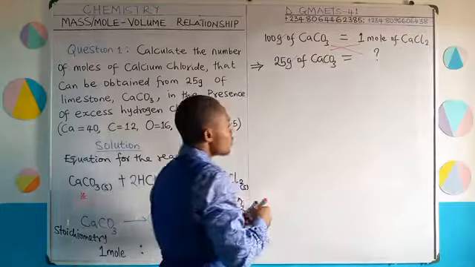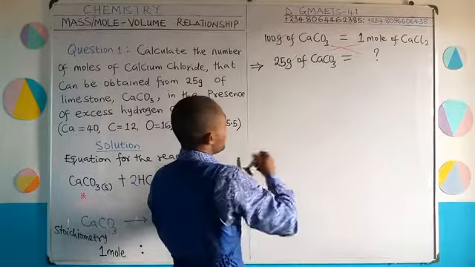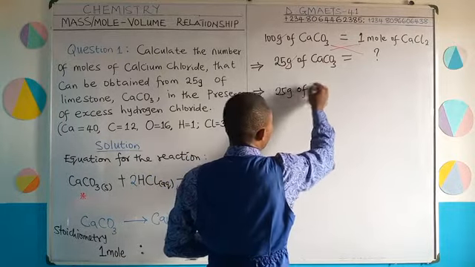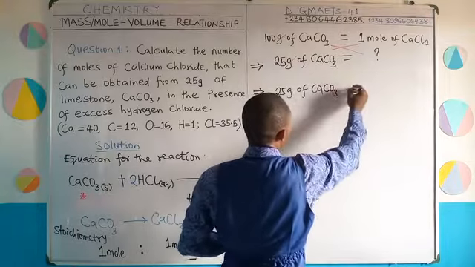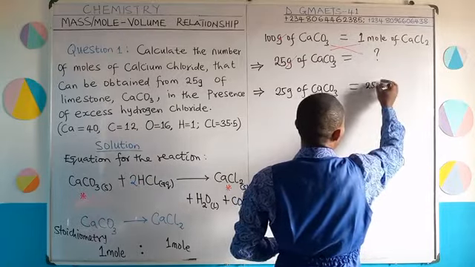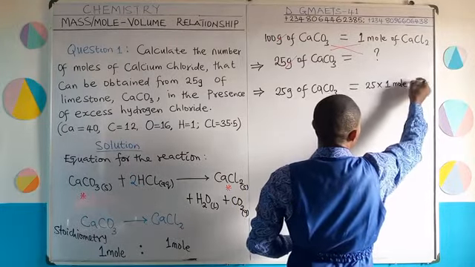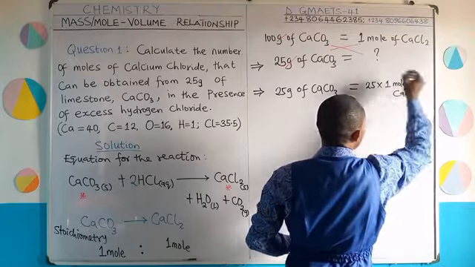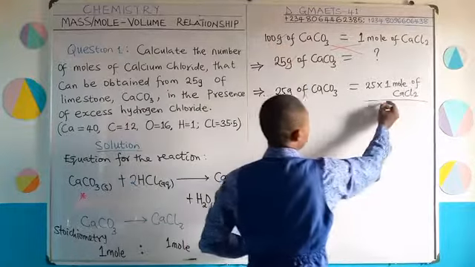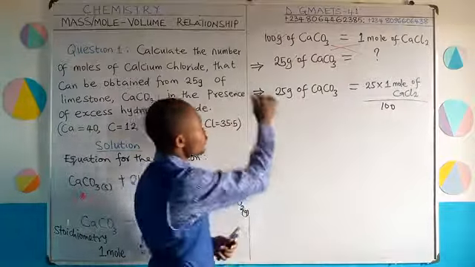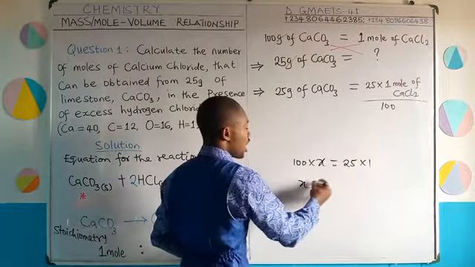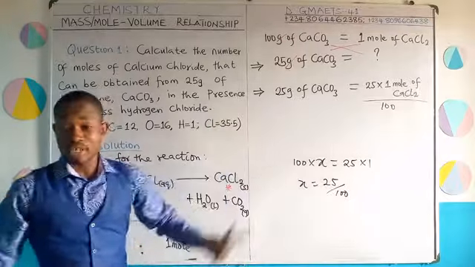So if you do your cross multiplication, you will see that 25 grams of calcium carbonate will give us 25 times 1 mole of calcium chloride, then divided by 100. 100 times X is equal to 25 times 1. Solving for X, X will be equal to 25 divided by 100. You know that. That's what we are doing there.